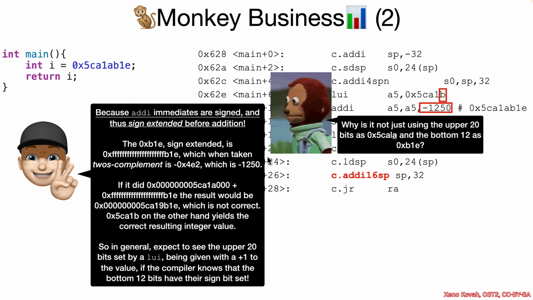But the key thing is that if you did a load upper immediate, a LUI, on scale A, then the bottom 12 bits would be set to 0. And if you added that to this sign extended B1E, then you would get this result. And you can check this with a calculator at your leisure. You'd get scale 9 B1E, and that's obviously not correct.